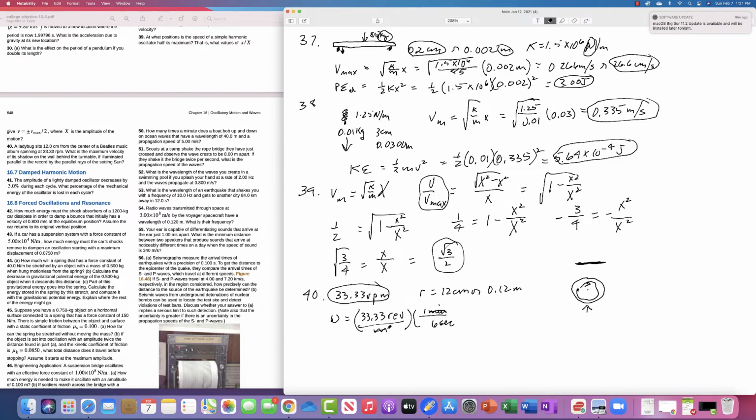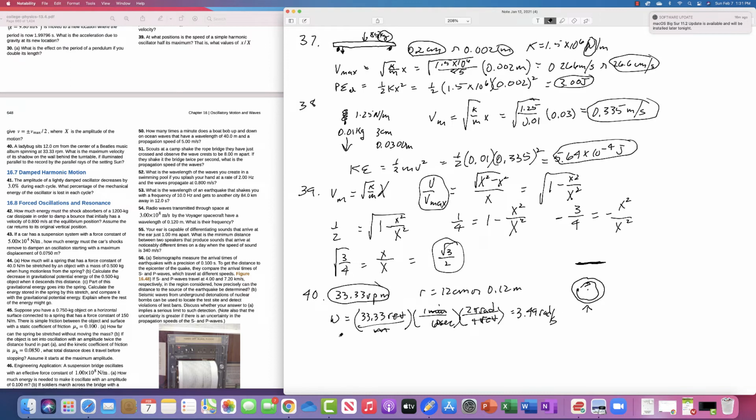That cancels these two, times 2 pi radians is 1 rev. And if you do the math here, you get 3.49 radians per second. So the angular velocity here is 3.49 radians per second.